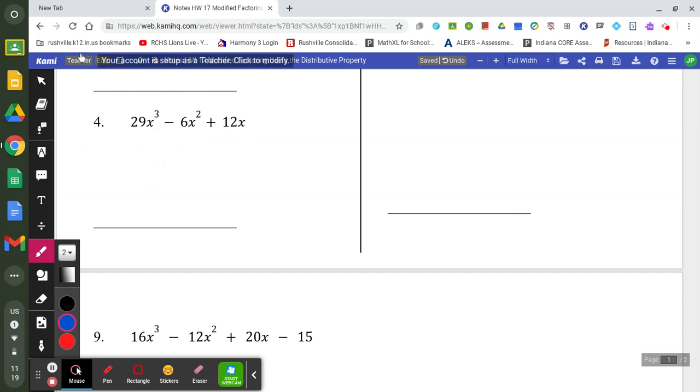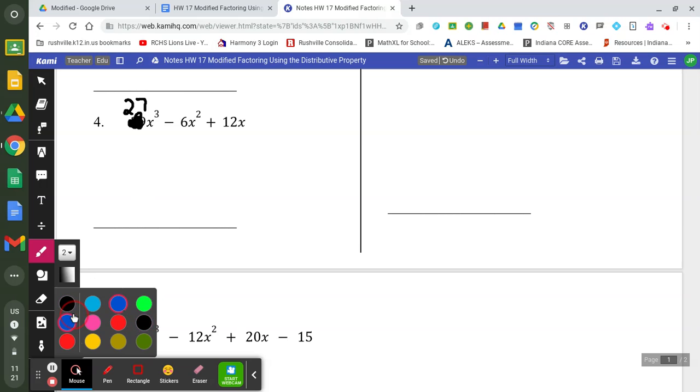Now in number 4, I have 3 terms. So I'm actually going to change this before I start. I really want this to be 27x to the third minus 6x squared plus 12x, because this time I have 3 terms.